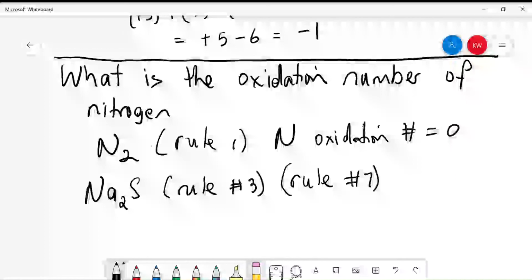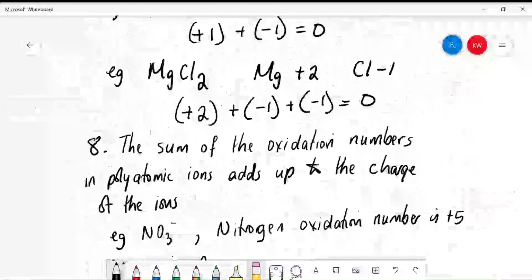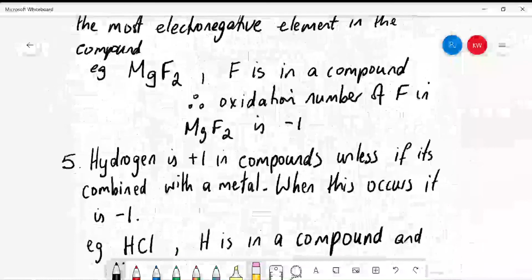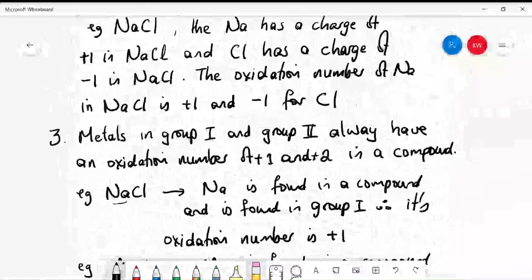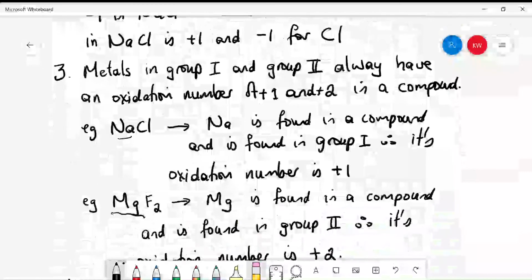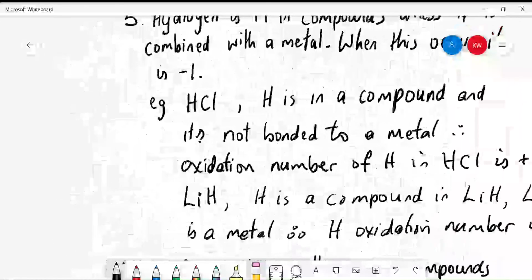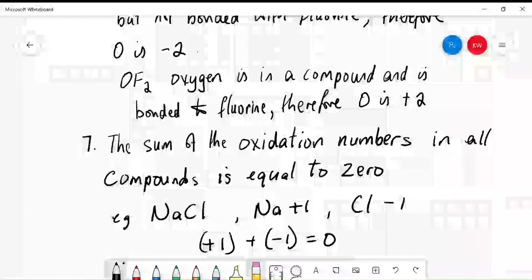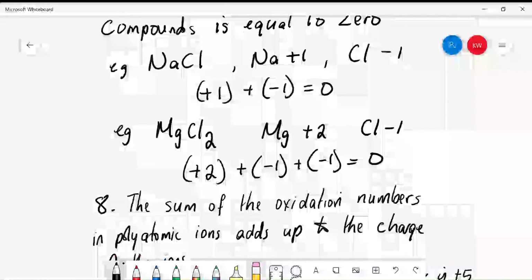So let's check it out. Rule 3, let's see if we're correct. Rule 3, metals in group 1 and 2 always have oxidation numbers of +1 and +2. And check rule number 7. The sum of the oxidation numbers in all compounds is equal to 0.